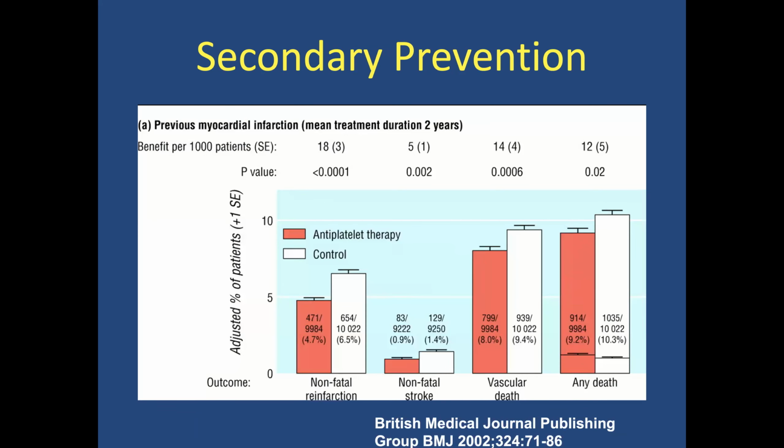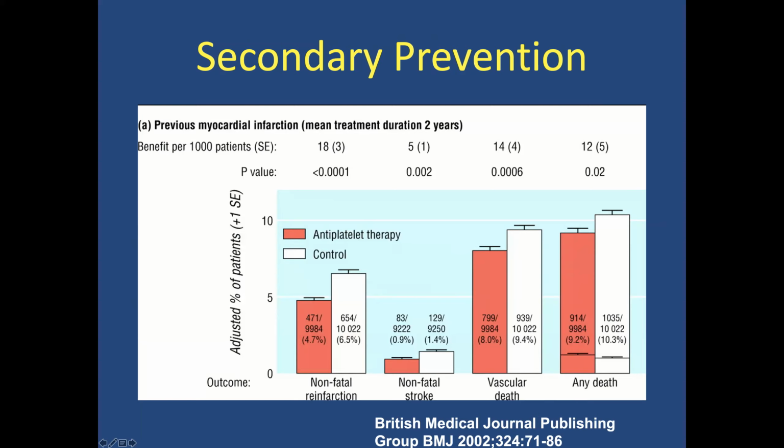So why is aspirin the bedrock of antiplatelet therapy? We'll begin with secondary prevention. In patients who have had a previous myocardial infarction, so we're talking about secondary prevention here, patients who are treated with aspirin, antiplatelet therapy here, versus control have significantly decreased rates of recurrent MI, non-fatal stroke, vascular death, and any death.